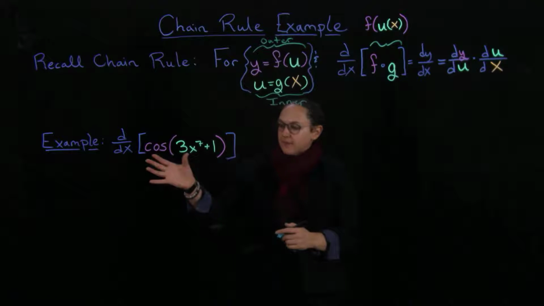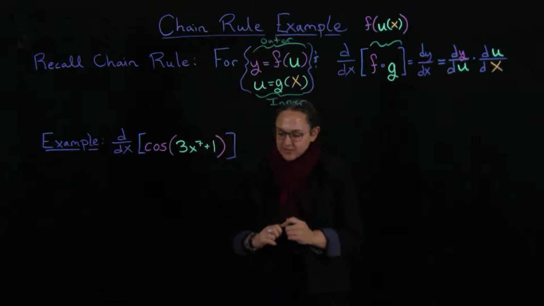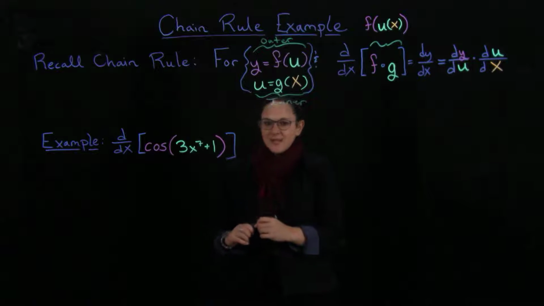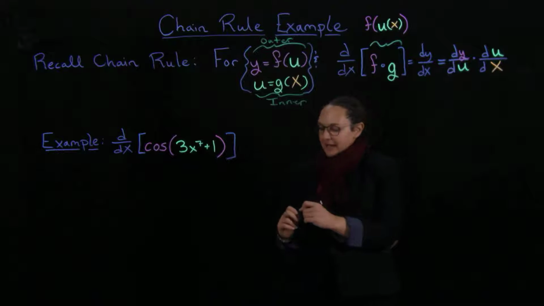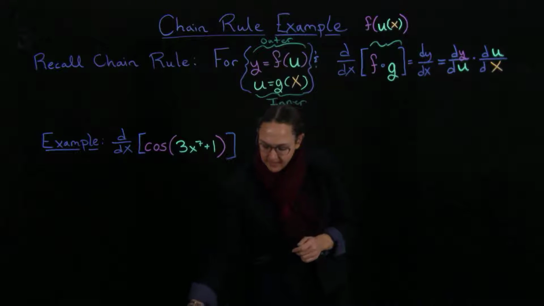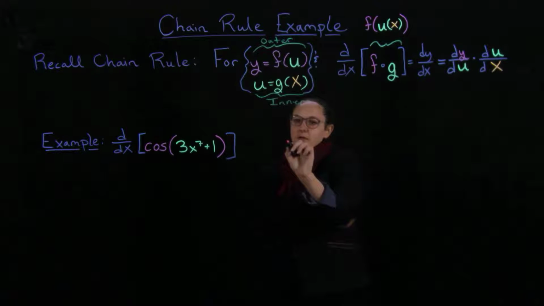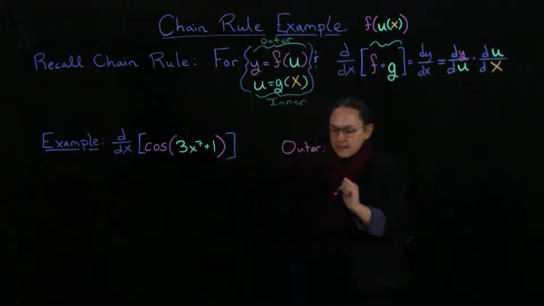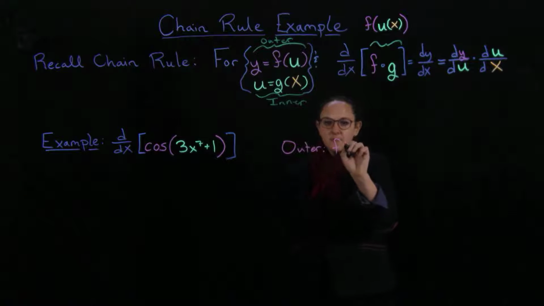I've emphasized this a little bit, but it's good to explicitly write it out for yourself. Looking at this example, my outer function, and we're doing this in pink, is going to be f of u.